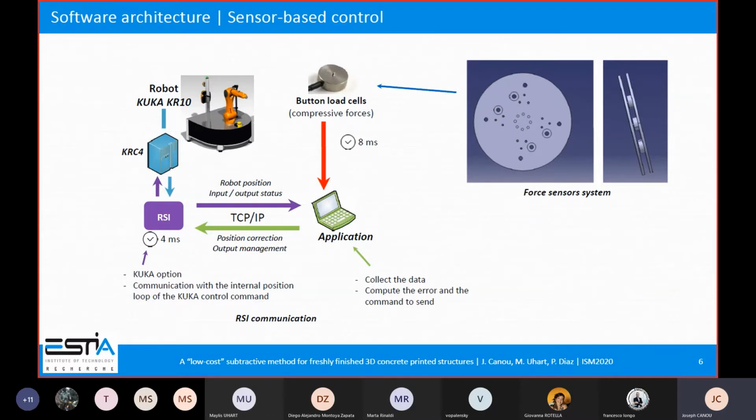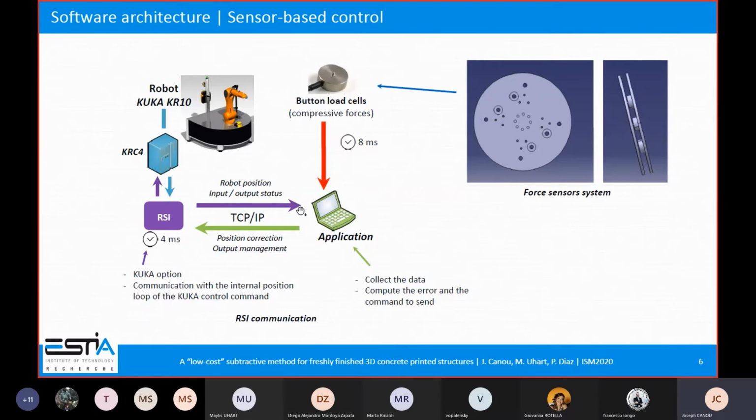And we can also use this force monitoring to detect that we finally achieved the perfect machining operation. So it's a classical feedback loop.